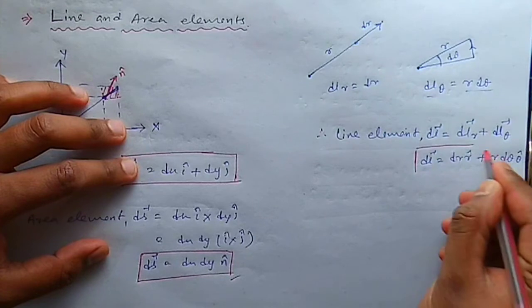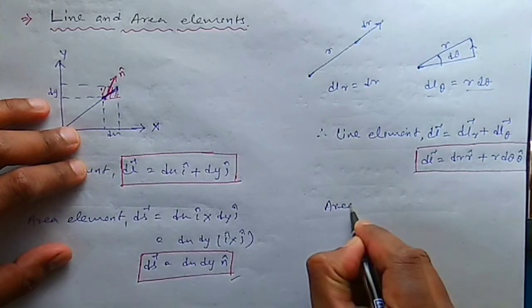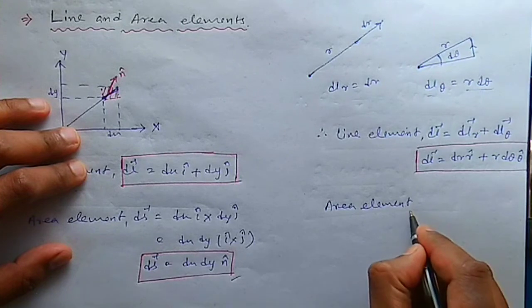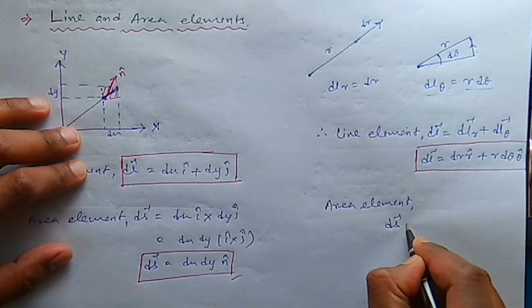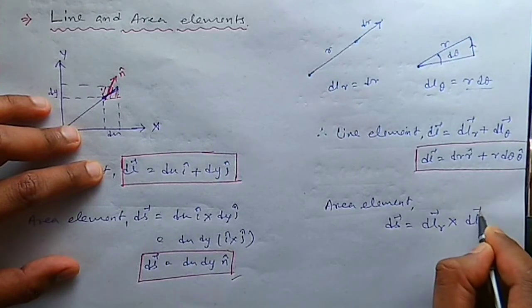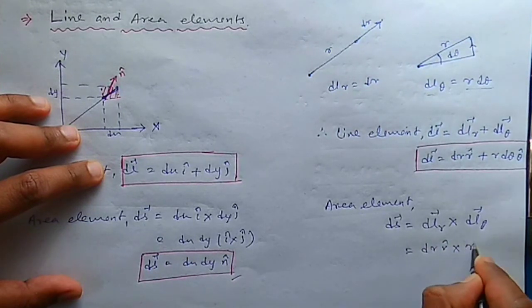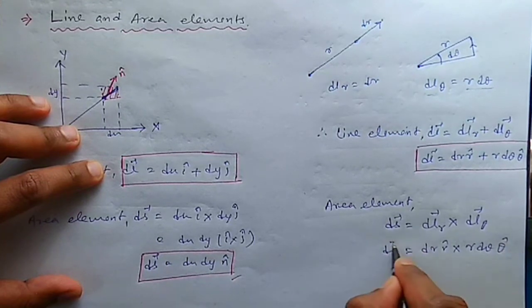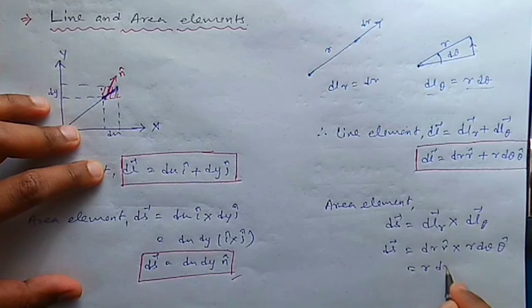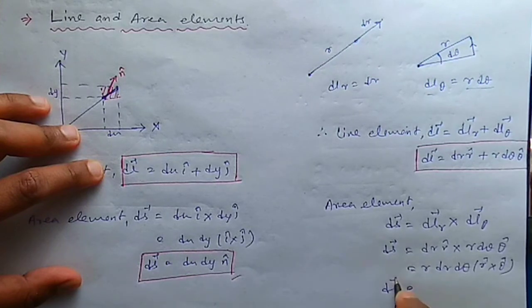This is the expression for the line element in plane polar coordinates. And the area element ds is equal to dl r vector cross dl theta vector, which is dr r cap cross r d theta theta cap, equal to r dr d theta r cap cross theta cap. So ds is equal to r dr d theta n cap.